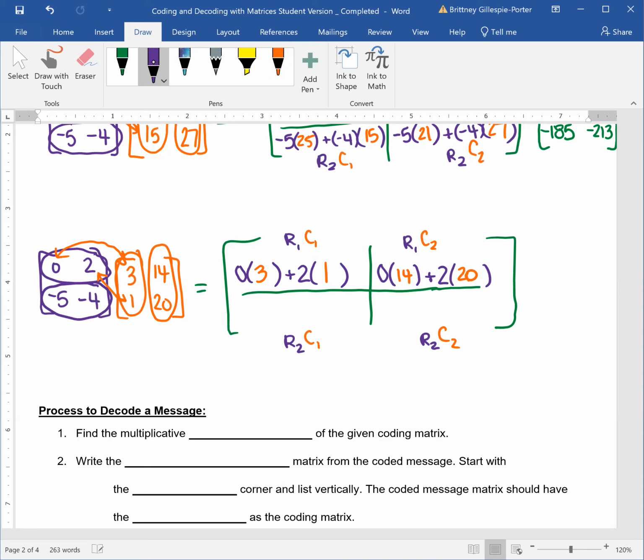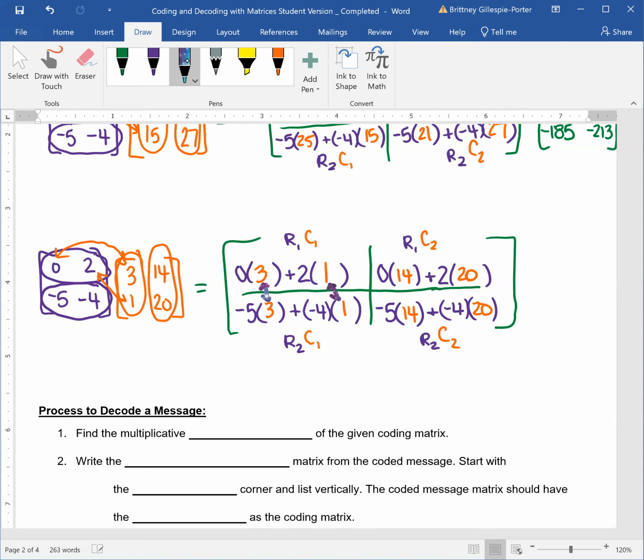Row 2's turn, -5 times 3 plus -4 times 1. And then we're going to have -5 times 14 plus -4 times 20.